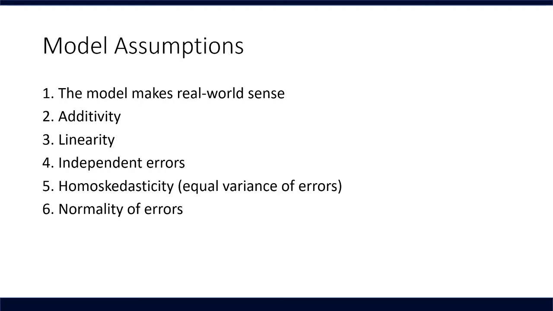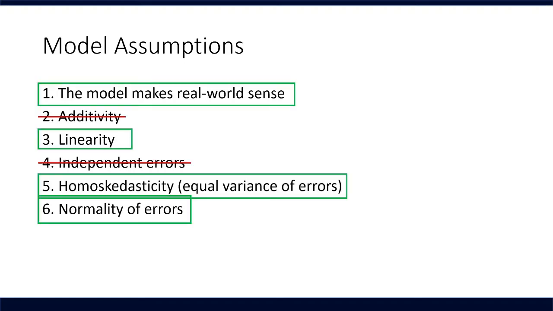Turning back to these 6 model assumptions that we've discussed for linear models, that it needs to make real-world sense, it must be additive, it needs to be linear, and that the residuals or errors must be independent, homoscedastic, and normally distributed. GLMs allow you to accommodate violations of assumptions 1, 3, 5, and 6. Right? If you've got violations of assumptions 2 and 4, that's beyond the scope of this course.